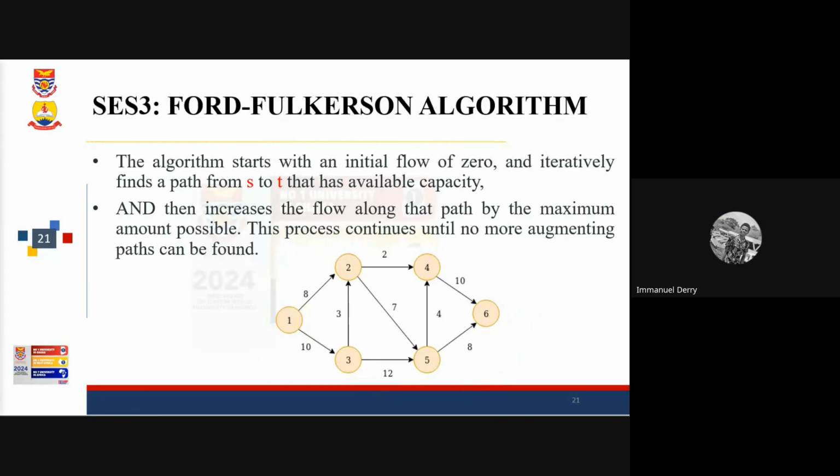Bear in mind that this is a directed graph, so the flow direction is very important. From 1 I can move to 2, I can equally move to 4, and then I can move to 6. So this is one of the augmenting paths: 1 to 2, 2 to 4, and 4 to 6.